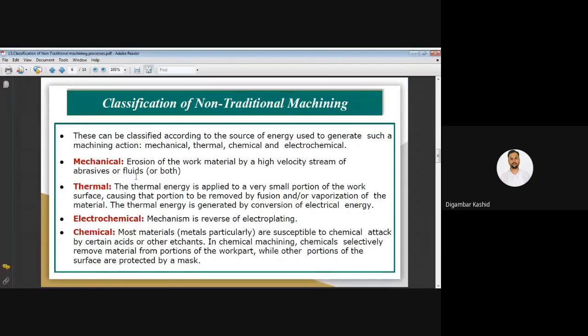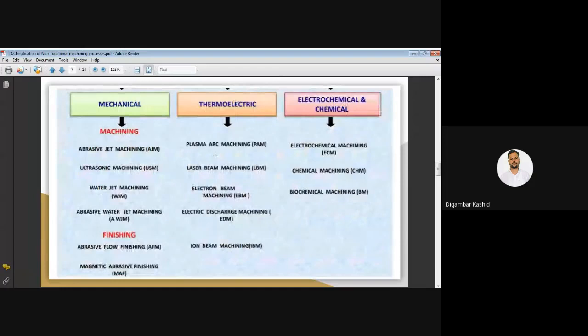Now, the important part is that our advanced machining processes, or non-conventional machining processes, are normally divided into three basic categories. One is mechanical, the second is thermoelectric, and the third is chemical and electrochemical machining processes.